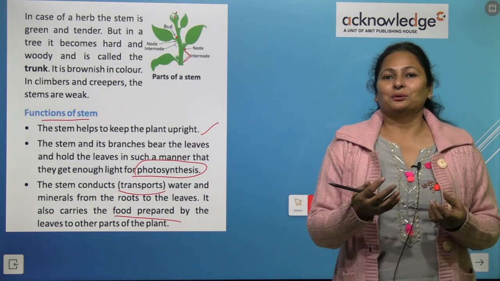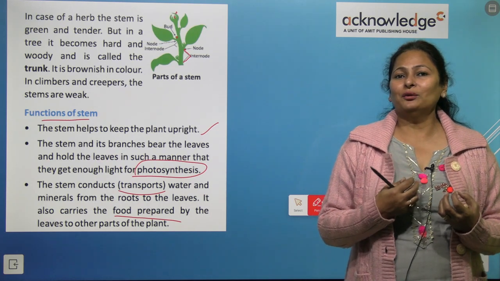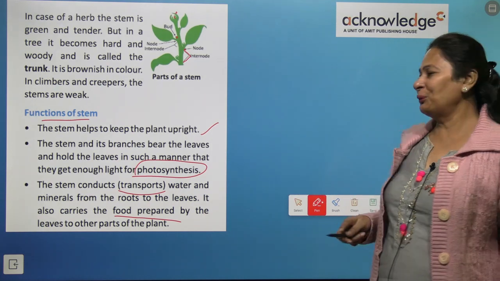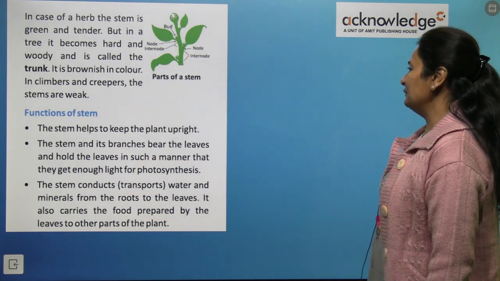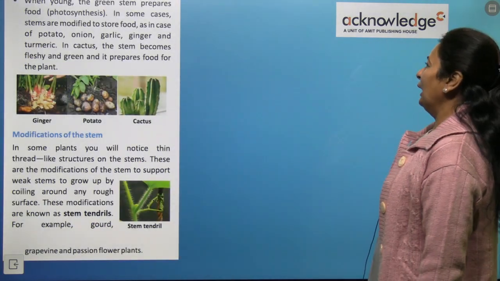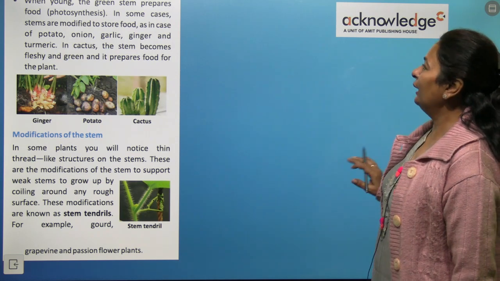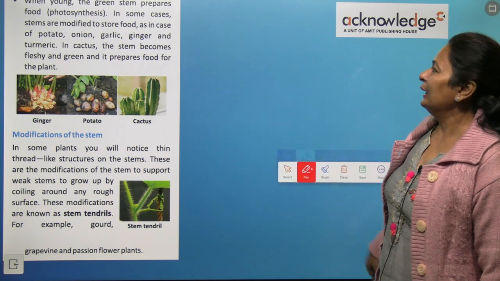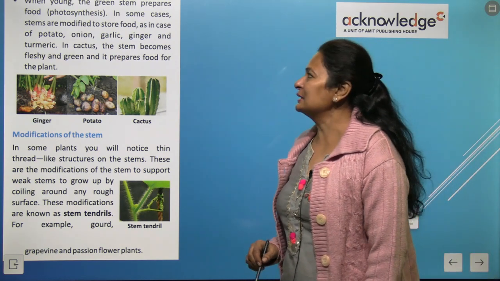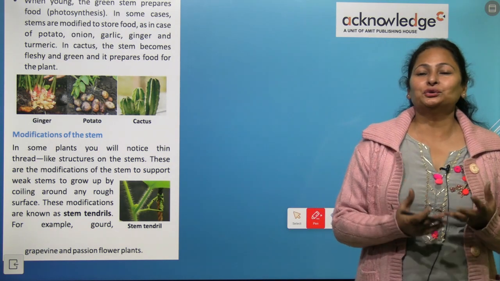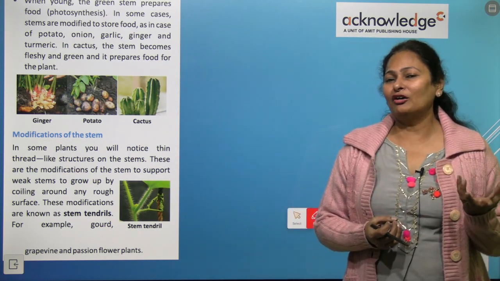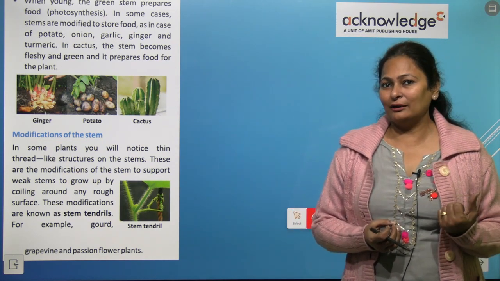All right, so they consume their food and then the extra food is stored in the form of starch. Now, when young, the green stem prepares food by photosynthesis. In some cases, stems are modified to store food. We also eat some of the stems as our food.